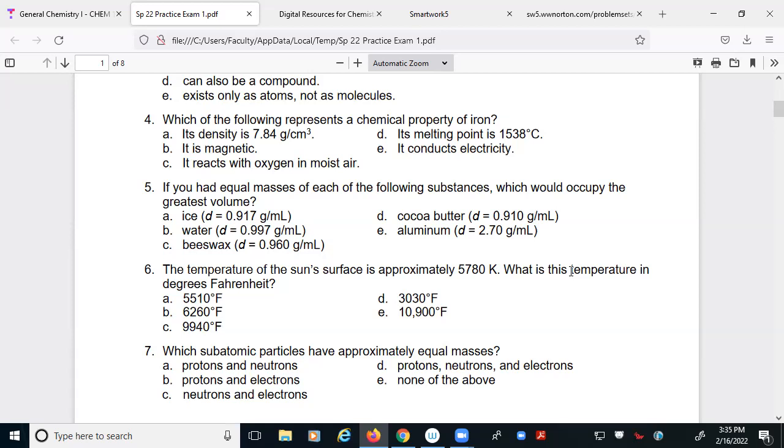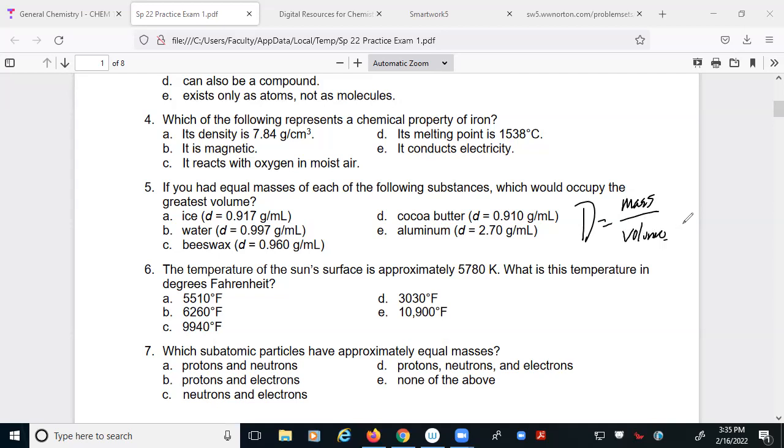All right, so number 5 is an easy question when you sit and think about it. If I had equal masses of each of these substances, which would occupy the greatest volume? Well, what this really is, is a density question. Remember that density is mass over volume.